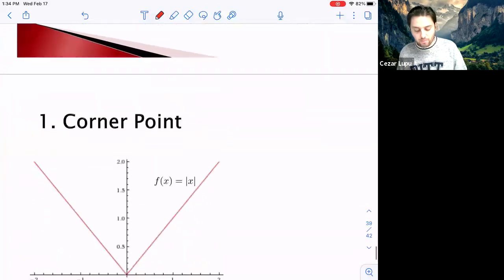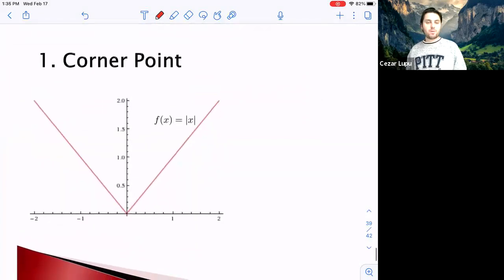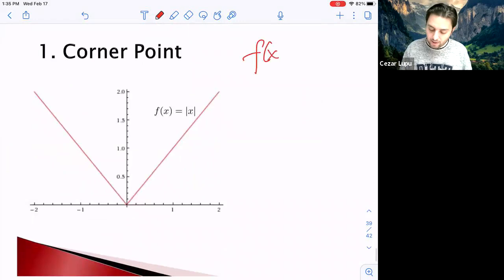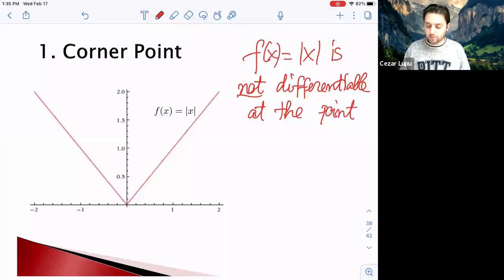The first one is a corner point. I think I've told you about this function before: f of x is the absolute value of x. This function is not differentiable at the corner point, which in our case is x equals 0.